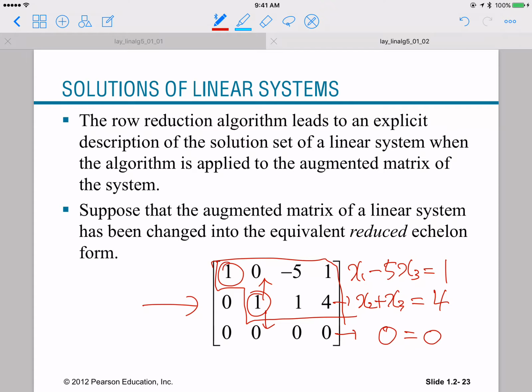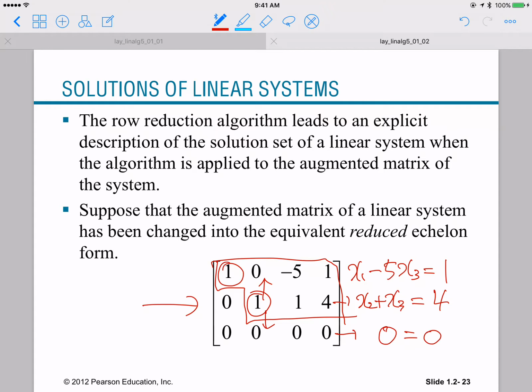So this case corresponds to the case where we have infinitely many solutions. Once you have created a reduced echelon form, there is nothing else that you can do, and you have to stop there.